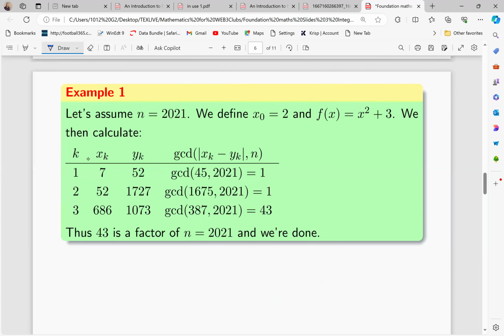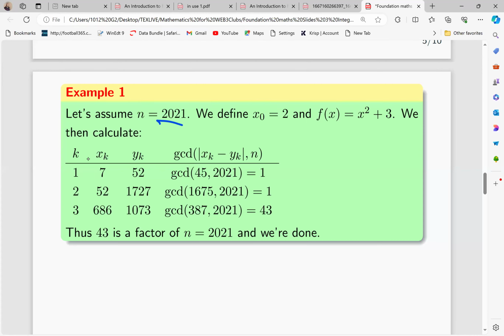The number to factor is this. I set my initial x naught to be 2, and in these examples I'll be using this polynomial. But again, 3 can be replaced by any number. Now I want to show you how to do this algorithm.